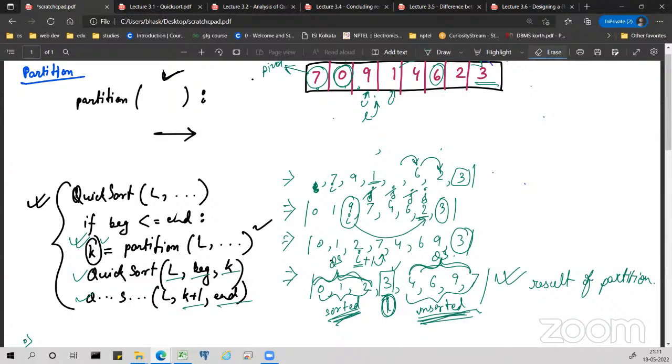Then we will compare 1 with 7, and it is less than 7. It means we will swap with lower. So now you are not doing plus 1, right? I mean, you are swapping 1 with 9, correct? But you did the plus 1.